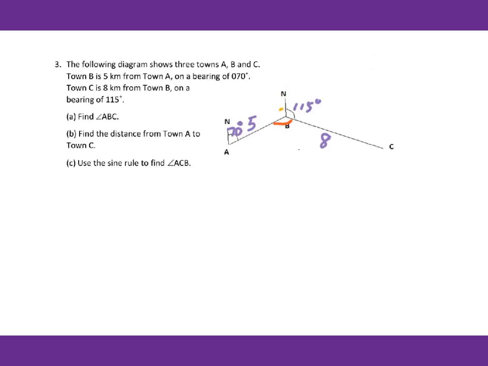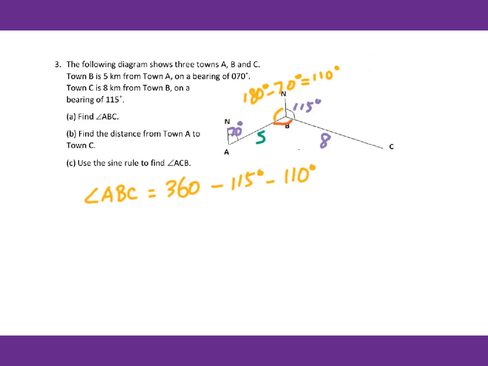First of all, we can figure out this angle. That is 180 degrees minus 70 degrees equals 110 degrees. Then angle ABC equals 360 degrees minus 115 degrees minus 110.